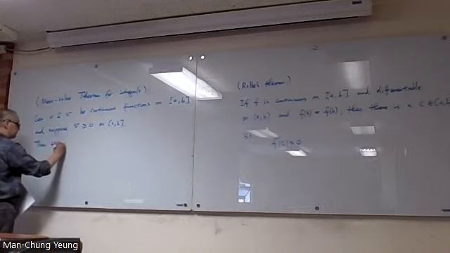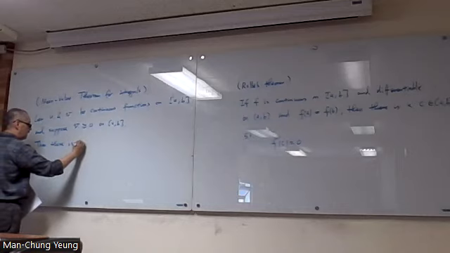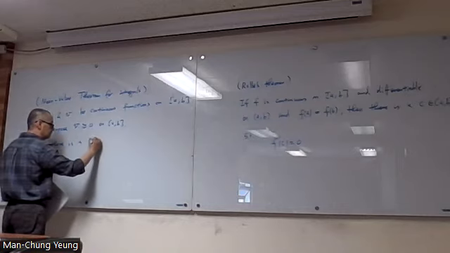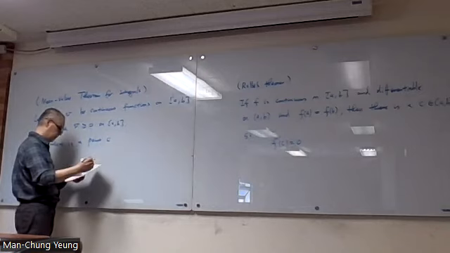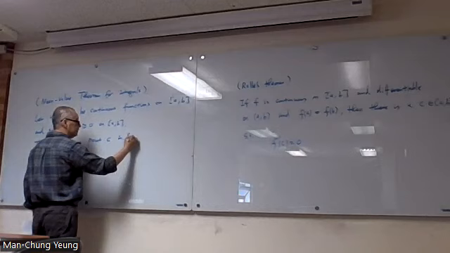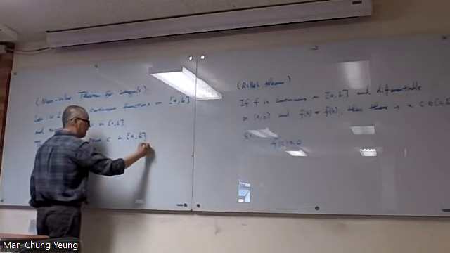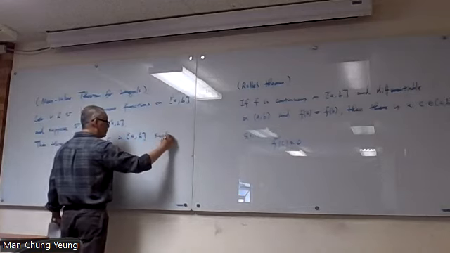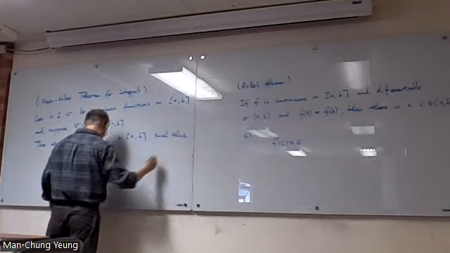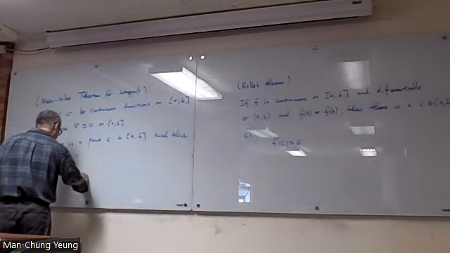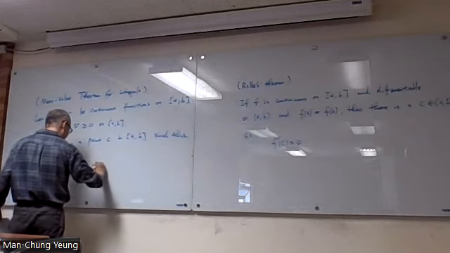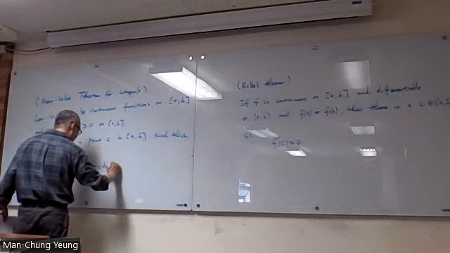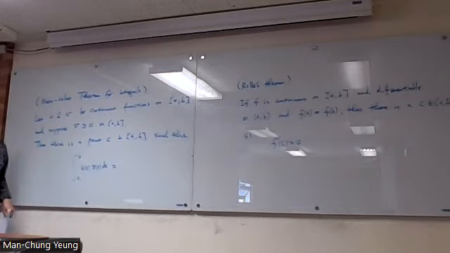Now, then there is a point, say C, in the interval AB such that the integral over the interval AB of u(x) v(x) dx equals something.